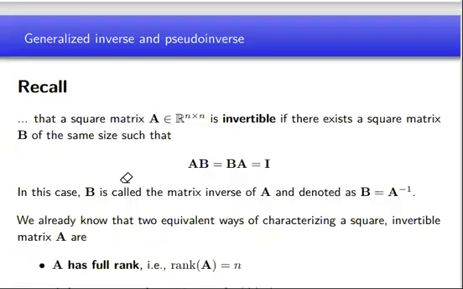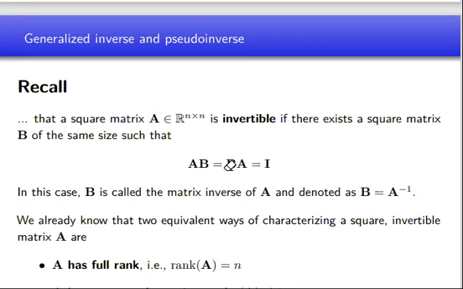Right. Recording now. So recall, if you have a square matrix, as I said before, which is invertible, such that B works on both sides, left and right.